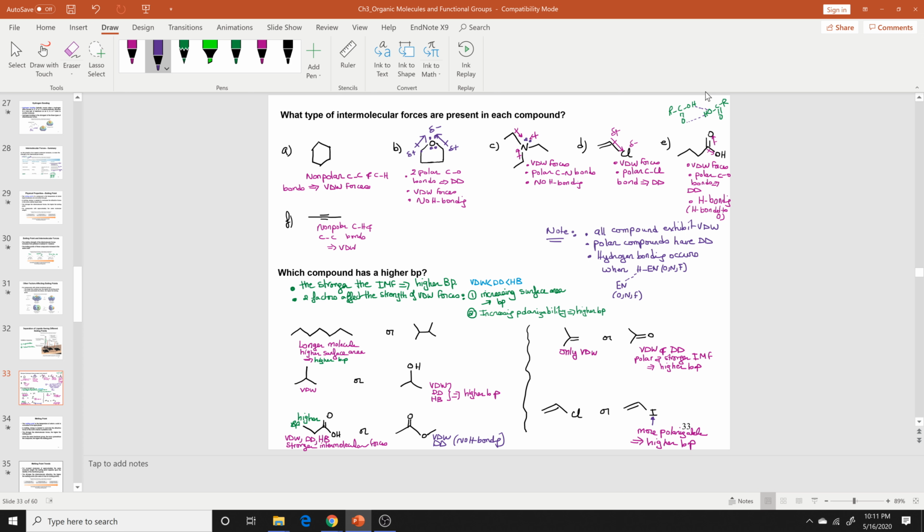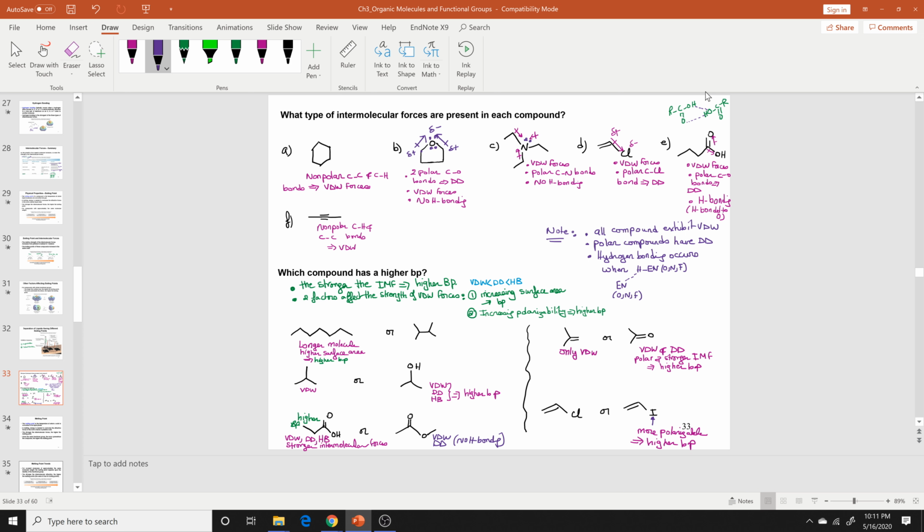To have a higher boiling point, you need to have a stronger intermolecular force. So ionic forces are the strongest type of intermolecular forces, and then you have hydrogen bonding, then dipole-dipole, and then the van der Waals interaction. Also, there are two factors that affect the strength of the van der Waals forces: the surface area and the polarizability.